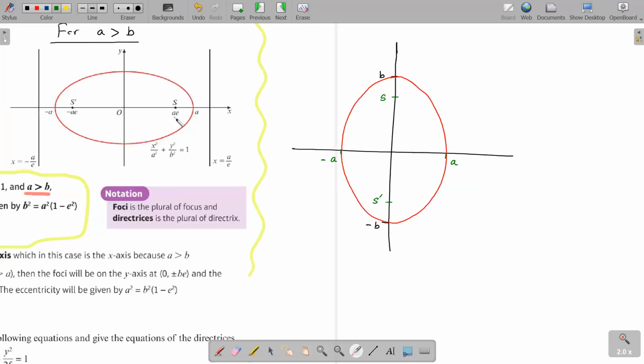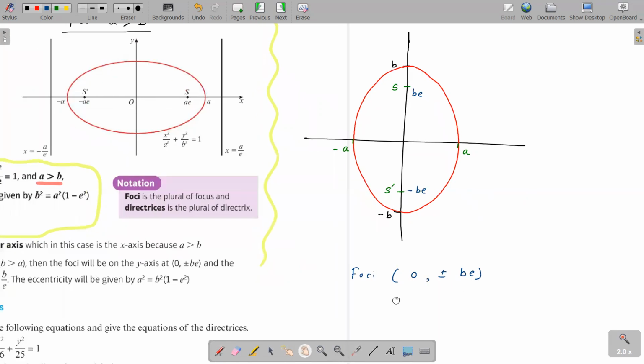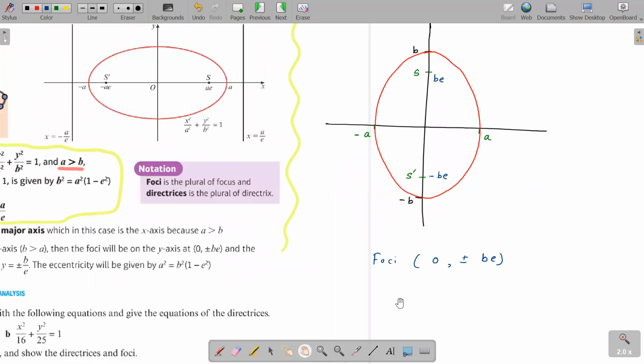It will be BE, because the earlier one was on the x-axis, it was AE. So your foci coordinates are x is 0, comma, plus or minus BE.